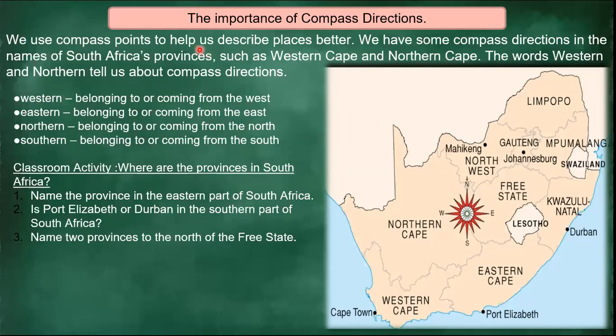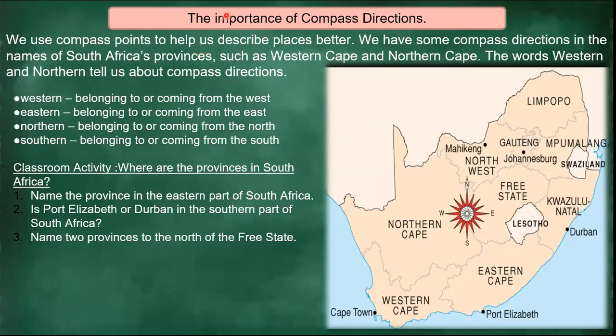Zoe? It's Gauteng and Mpumalanga. What was the question?